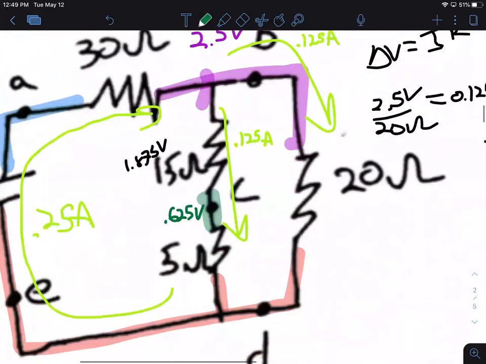And I can check that by saying, okay, 5 times 0.125, that should also be this value. 5 times 0.125, 0.625. So I did it right because this is dropping the correct amount of voltage.